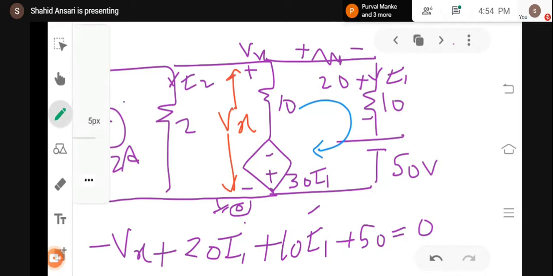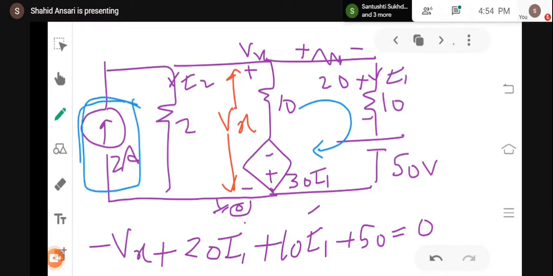Now, if it is asked to find the power delivered by the 2 ampere source, for power delivered or power absorbed, you will simply use V into I. We must have the voltage across this 2 ampere source as well as the current of this 2 ampere source. We have the current, which is 2 ampere. What is the voltage across this 2 ampere source?